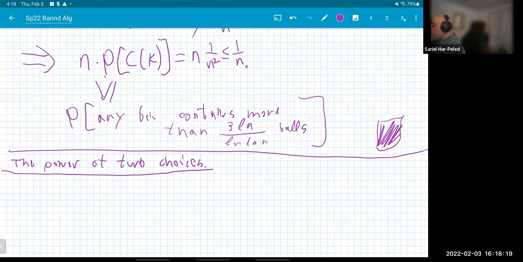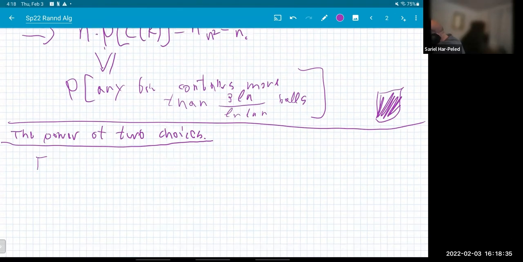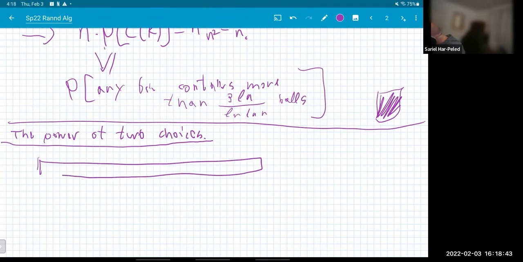So a natural approach is to try and do something, right? You throw a ball into a bin, but if the bin is too full, do something else, right? So it turns out there are a lot of different ways to do it, and they're all kind of equivalent, and they're all pretty powerful.